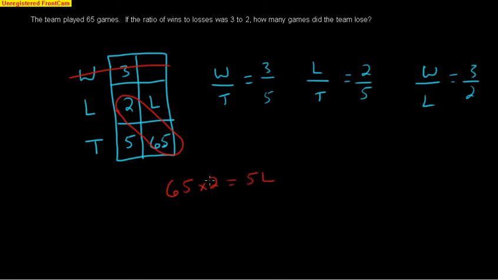65 times 2, 2 times 60 is 120, plus 2 times 5 is 10. 120 plus 10 is 130. 5L, so division. Sorry, we've got to divide both sides by 5. Try that again.